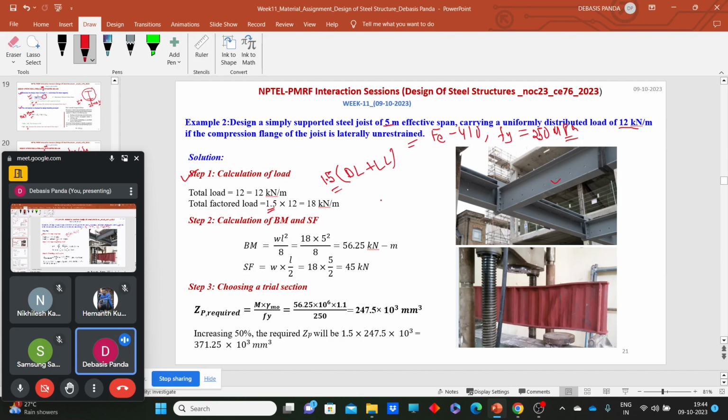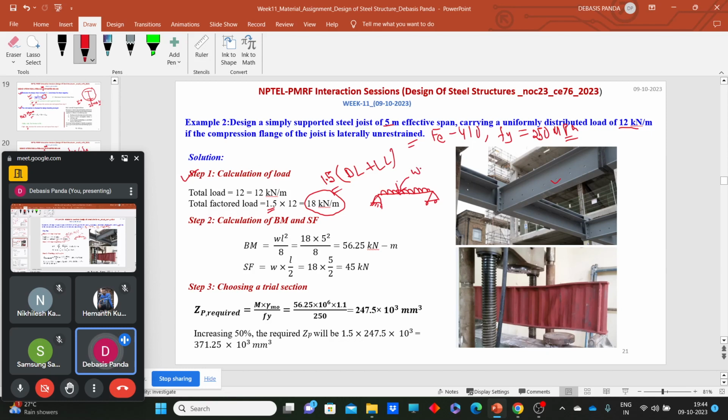Next, we need to calculate the maximum bending moment and shear force due to that factored load of 18 kilonewton per meter. It's a simply supported beam we are designing. For a simply supported beam of length L subjected to a uniformly distributed load, say W kilonewton per meter, what should be the maximum shear force and maximum bending moment? The maximum bending moment will be at the middle, and the value will be WL square by 8.